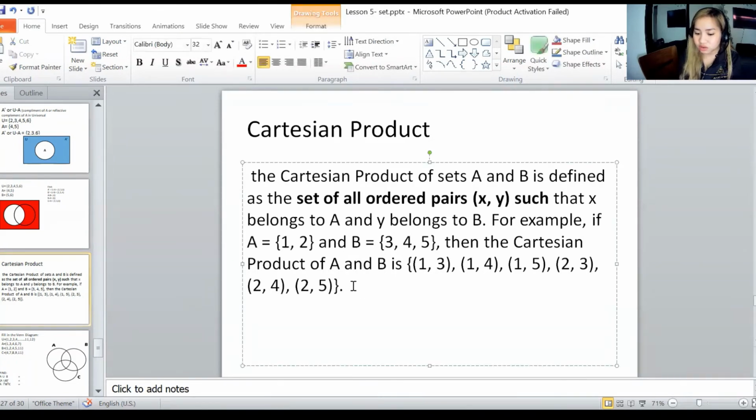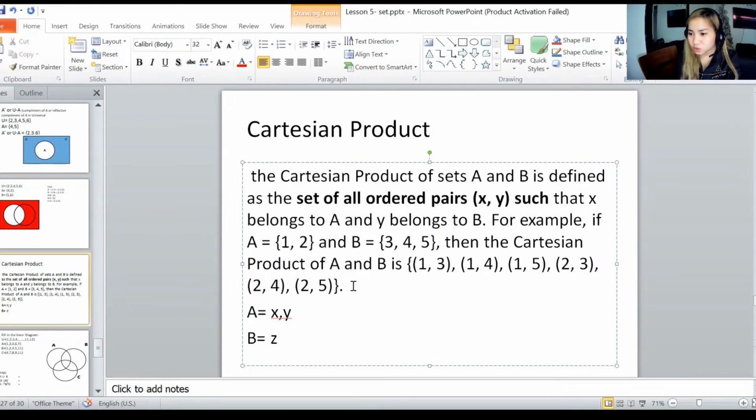Another example, we have set A is equal to {x, y}. Set B is equal to {z}.